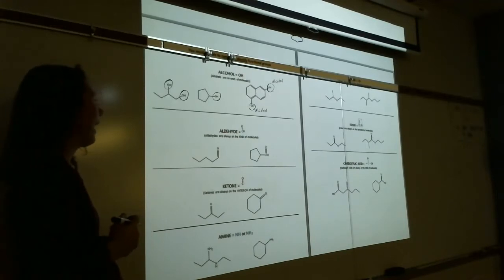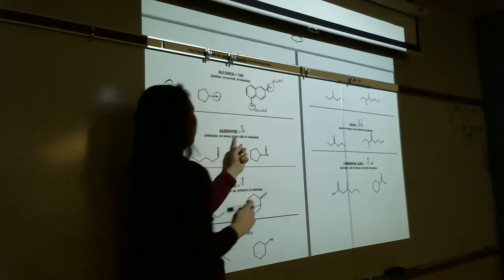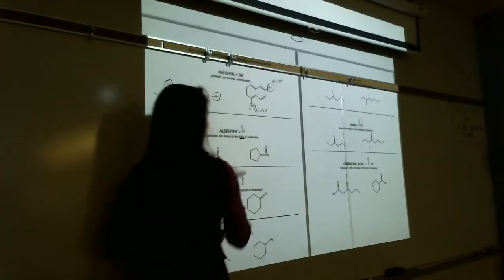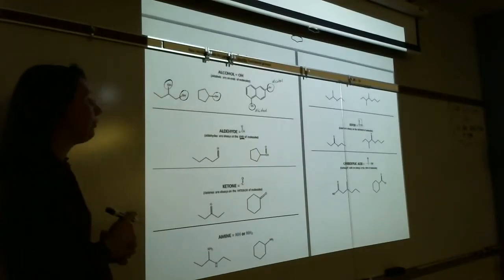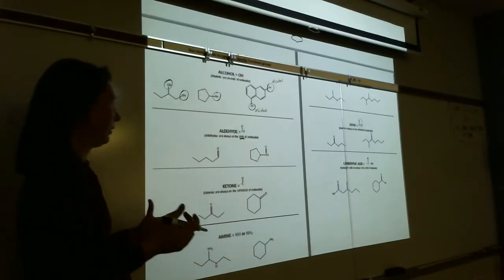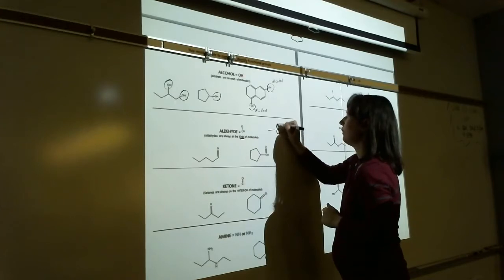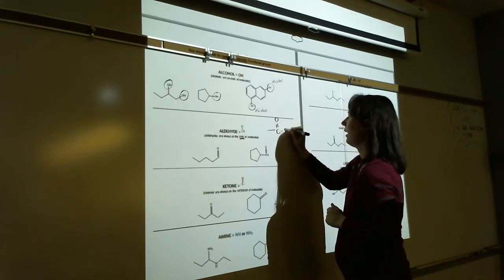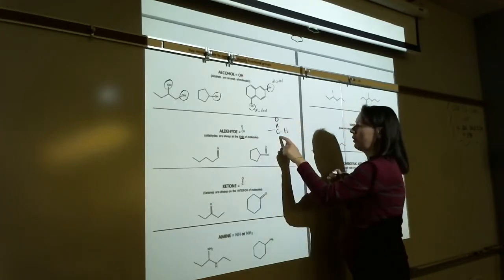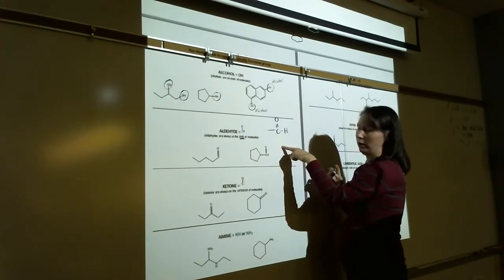All right, let's talk about aldehyde. Aldehydes are always at the end of a molecule. That's the key word. Why would it have to be at an end? Let's think about it. If the functional group is C double bond O H, how come there cannot be another bond coming off of here?